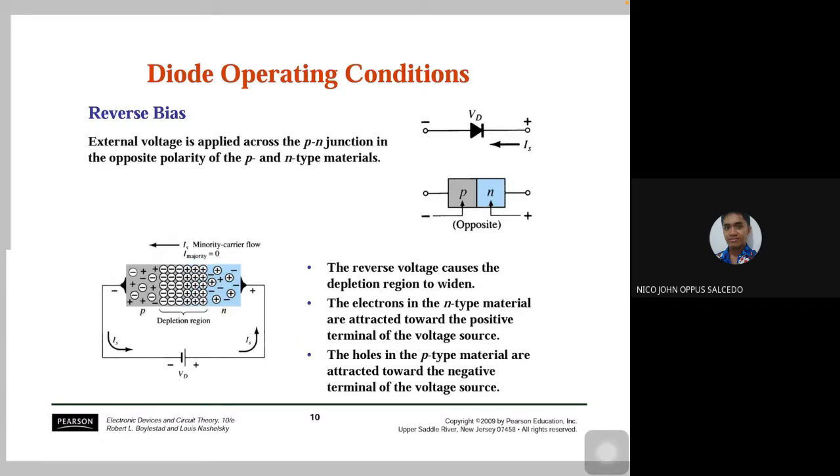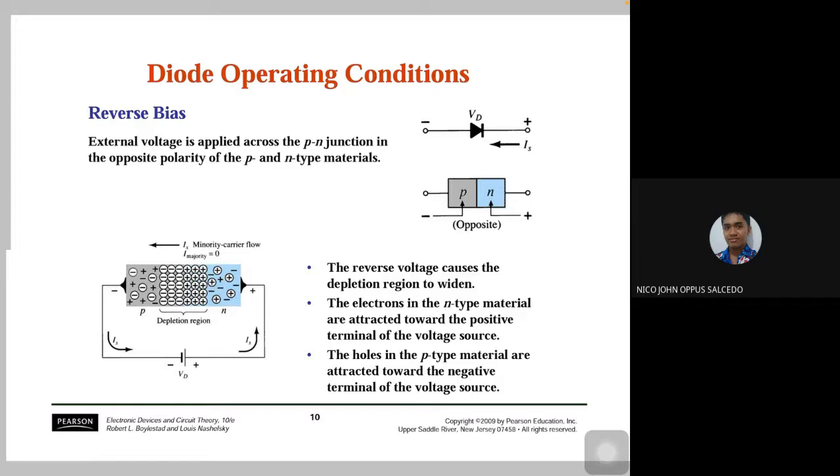Or dili enough ang voltage. So that's the second condition nga pangitaon sa diode for it to be in the forward bias mode. If ang applied voltage source is not enough, no?